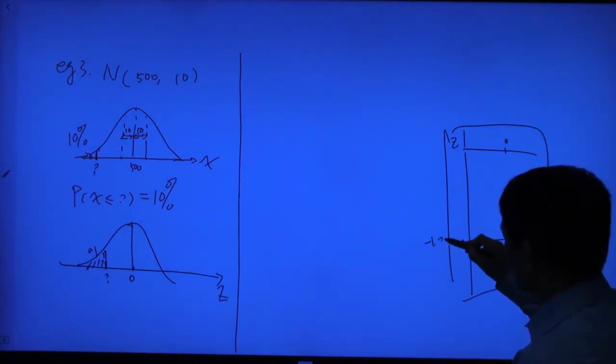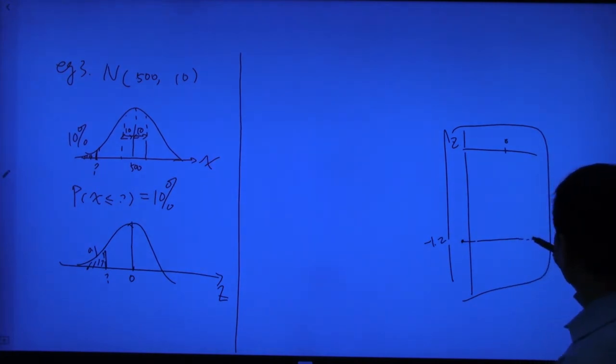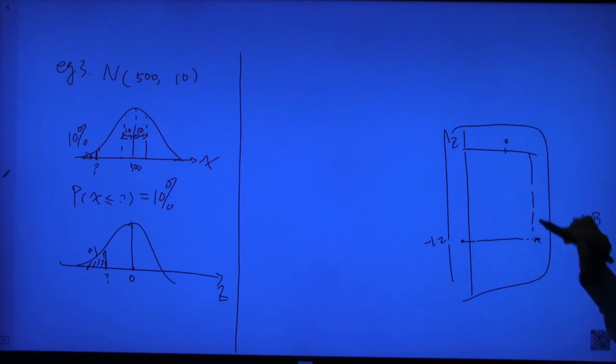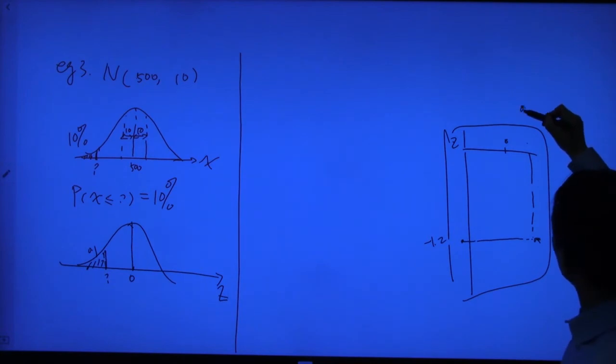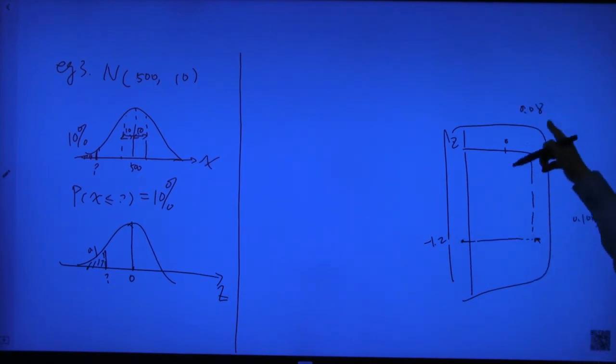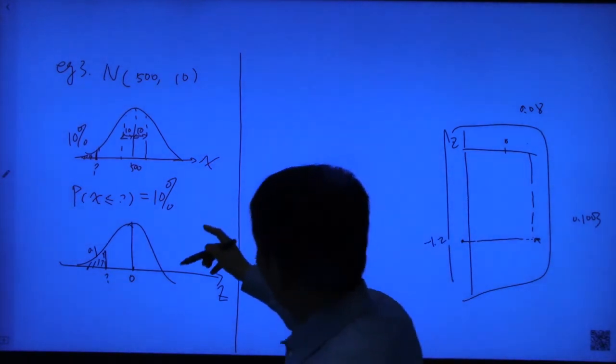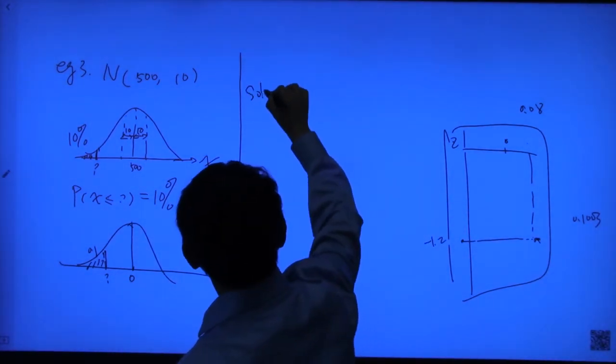We need to find this number also on the top to make this more accurate, and this number here is 0.08. We need to add these two together, and since this is a negative number, the result is also negative. Okay, let's write the solution.